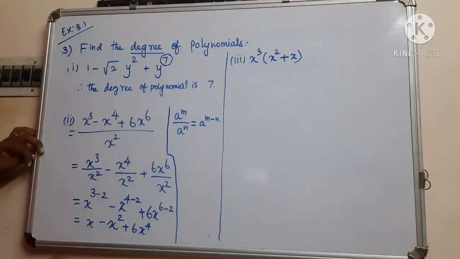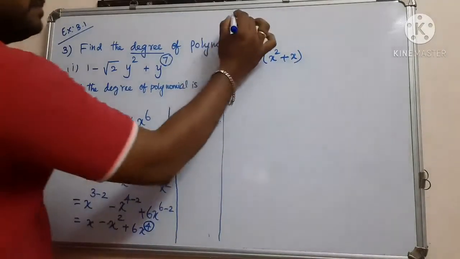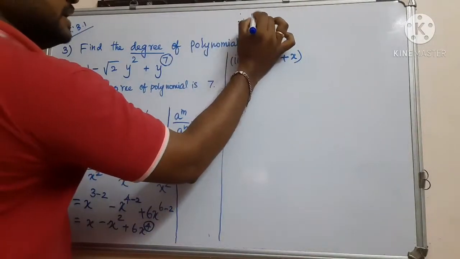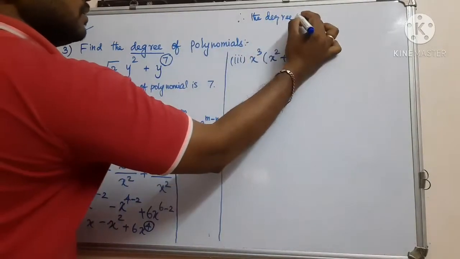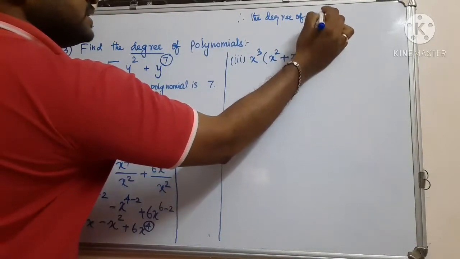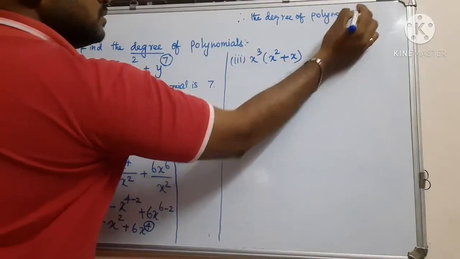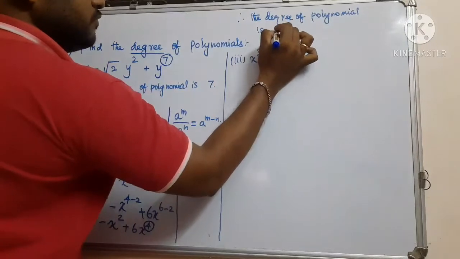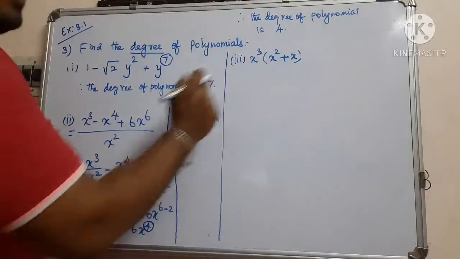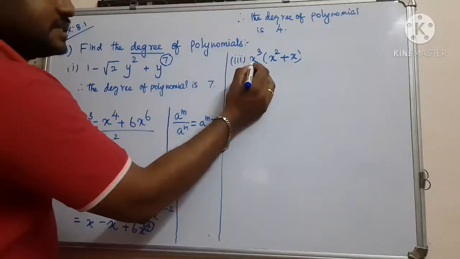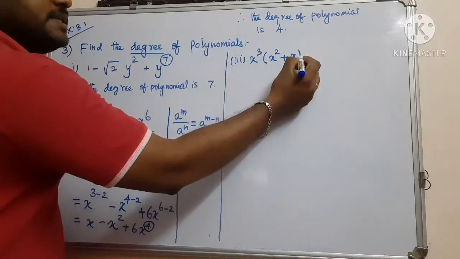Now look at the variable's power. The highest power is 4. Therefore, the degree of the polynomial is 4. Now we move on to the third question: x cube into x square plus x.